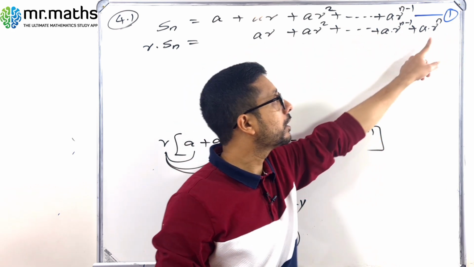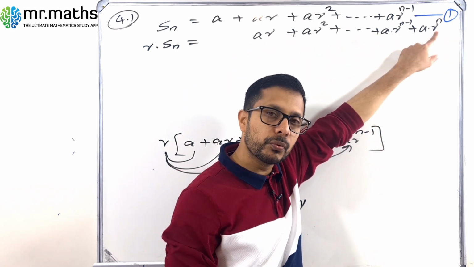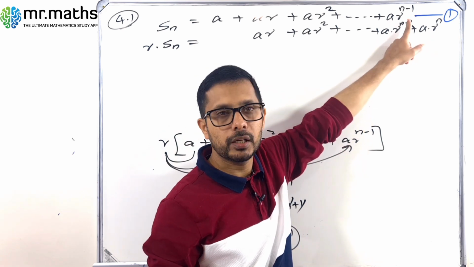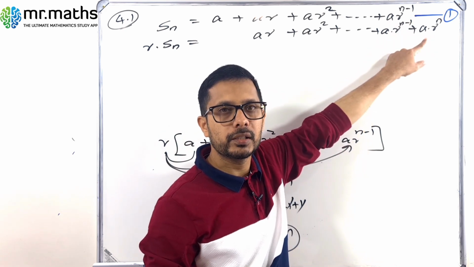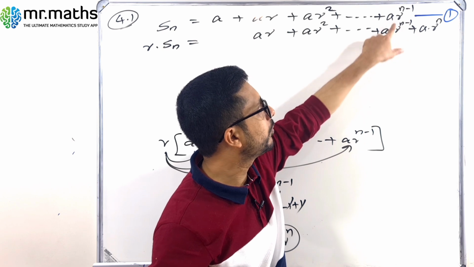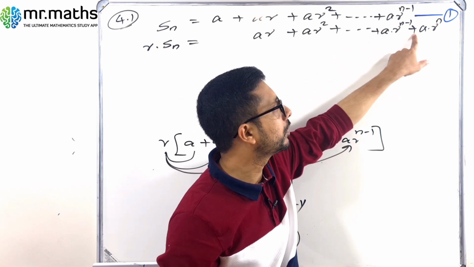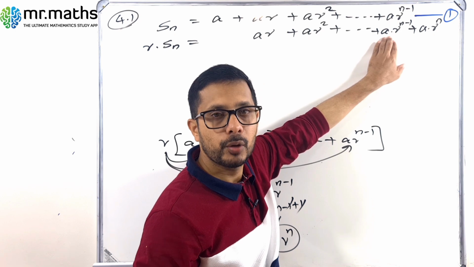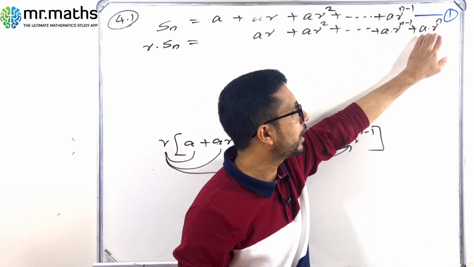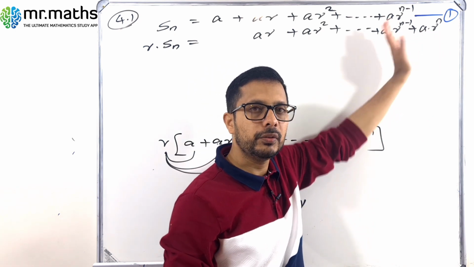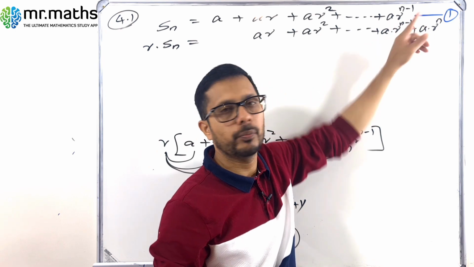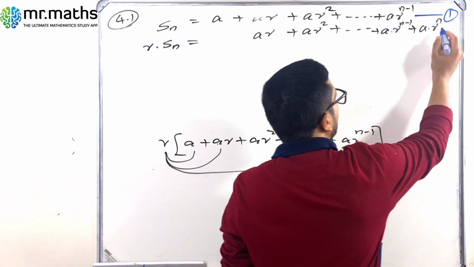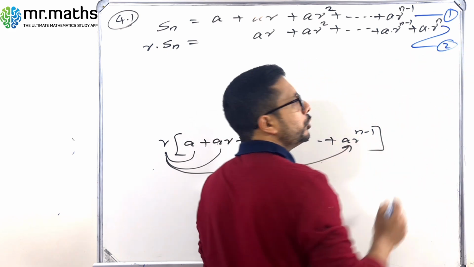In this series, the term just before ar raised to n is ar raised to n minus 1. Why did I write it like this? Because I want the same terms together, so I wrote the last term here. I know that the previous term is ar raised to n minus 1. I call this one equation number 2.